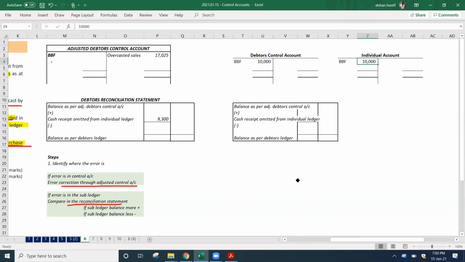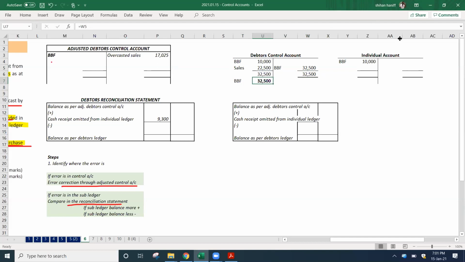Now how do you correct it? First you have to correct the debtors control account. Write omitted sales 22,500. Now if you debit 22,500, now the control account balance is 32,500. Control account will be corrected 32,500.